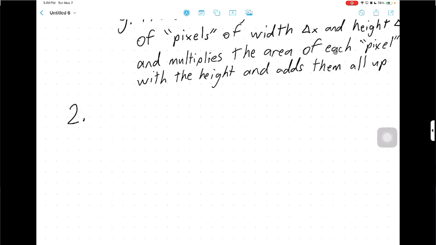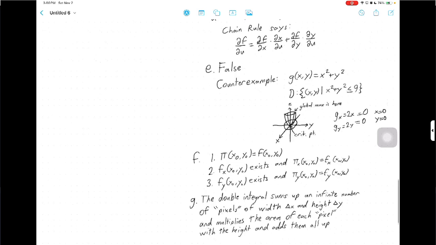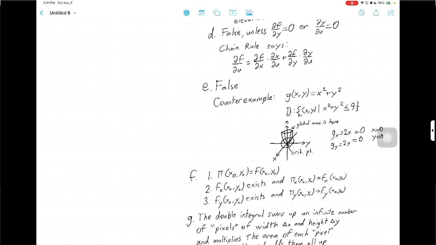Alright. Let me just see if there's any questions. And then I'm moving on to number 2. Yeah, let me just go ahead and reload Discord. Oh yeah, let me go upload these notes.